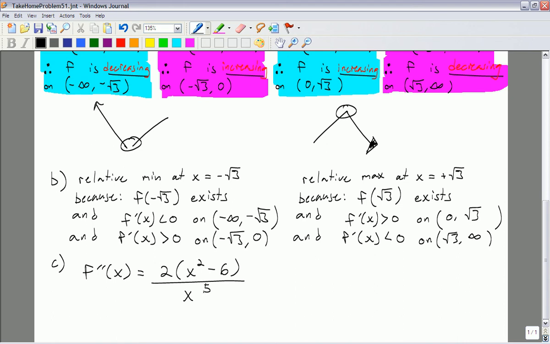So when can your function change concavity? Well, let's see. Your function can change concavity if the second derivative goes to 0, or the second derivative is undefined, or f of x is undefined.